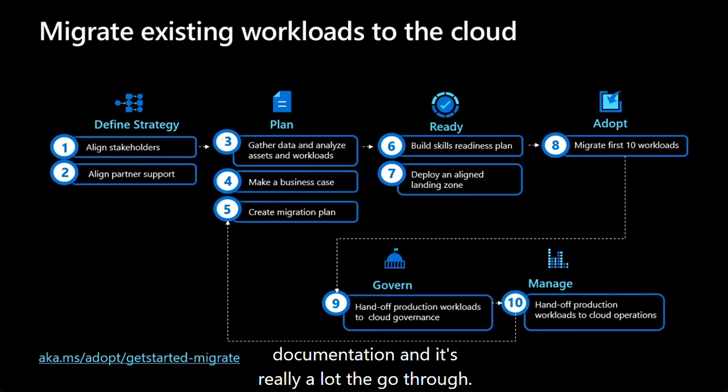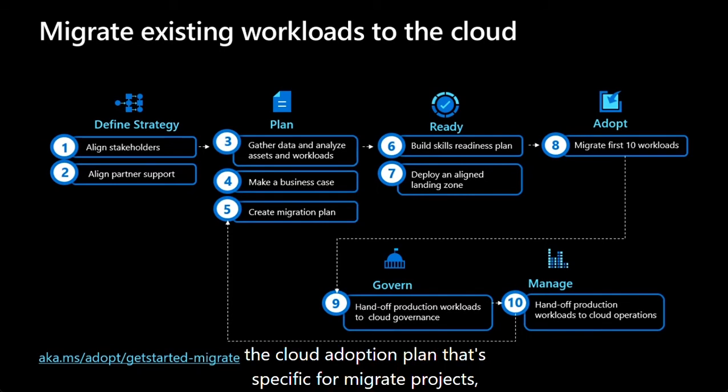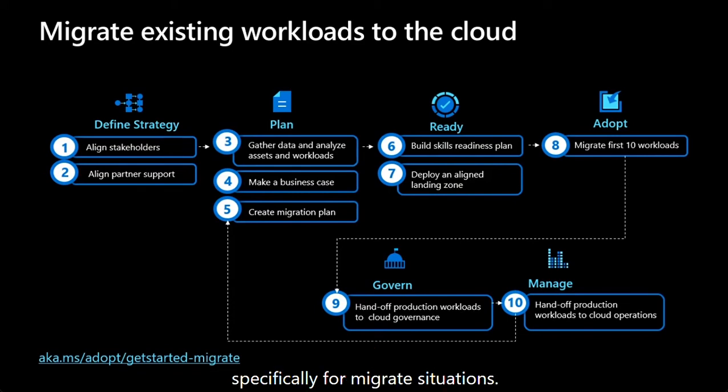And it's really a lot to go through. So one way of us helping you use the cloud adoption plan that's specific for migrate projects is we've taken some of the tools and resources and cherry picked some of them so that you can use it specifically for migrate situations. And this is the result.